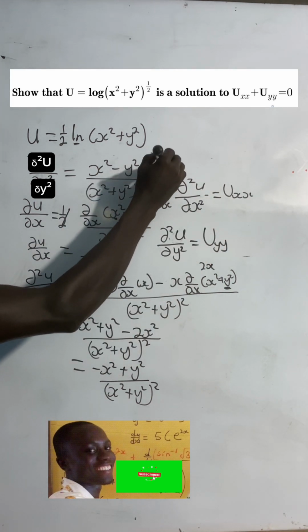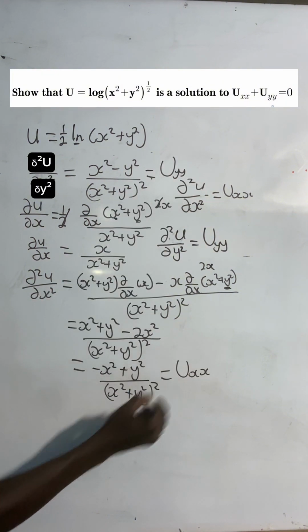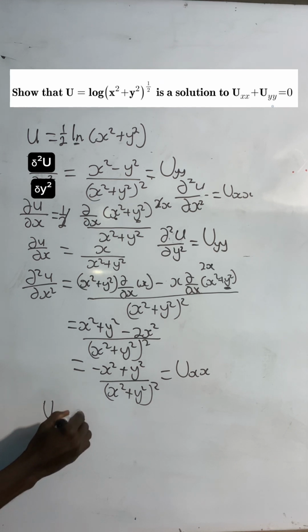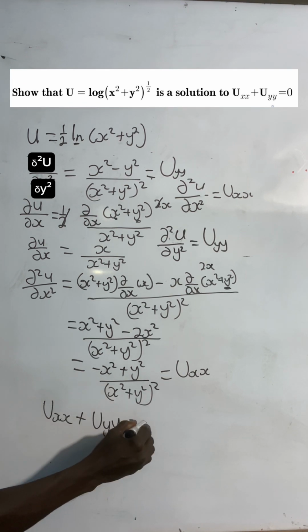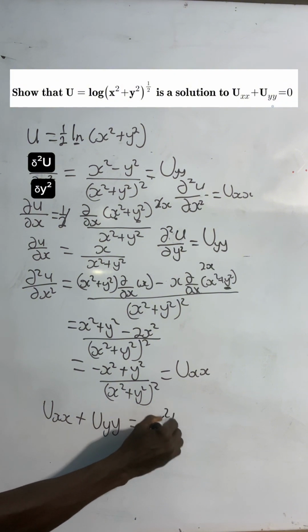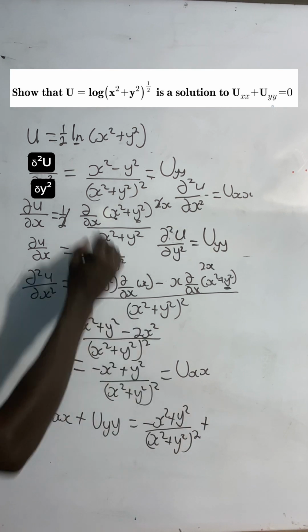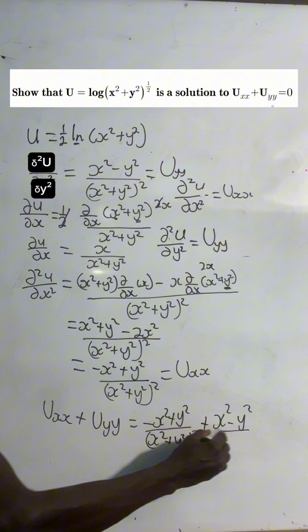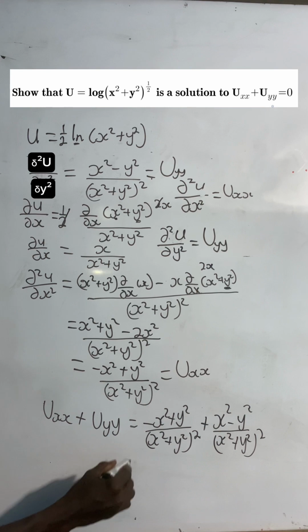Let me put here that this equals u subscript yy, and here equals u subscript xx. So u subscript xx plus u subscript yy equals, we take u subscript xx, that is negative x squared plus y squared divided by x squared plus y squared all squared, plus u subscript yy, that is x squared minus y squared all divided by x squared plus y squared all squared.